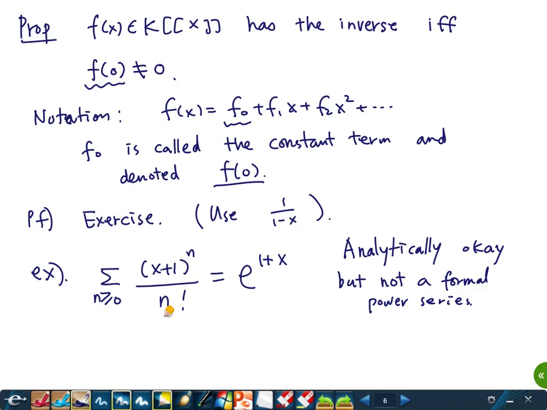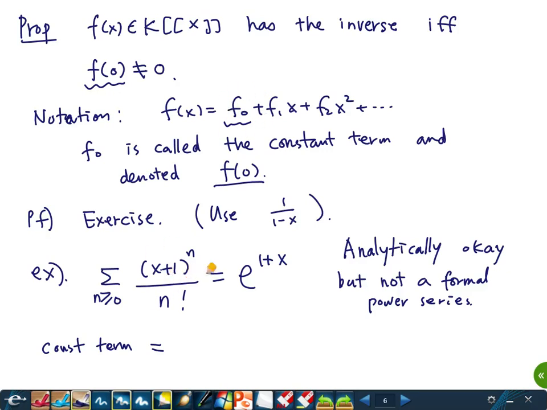But whenever you want to compute the coefficient of x to the n, that should be done in a finite number of steps. So for instance, what is the constant term? Constant term means no x in it.